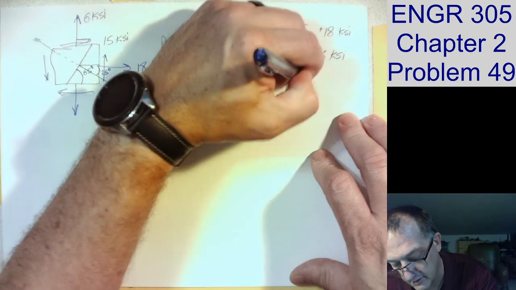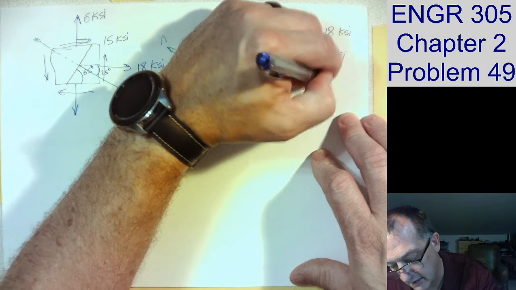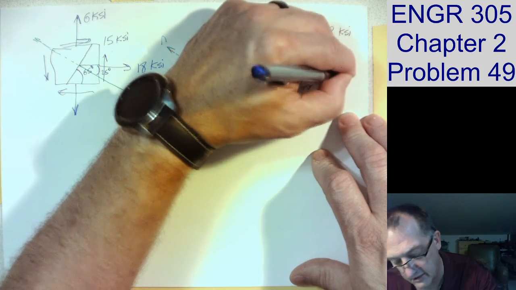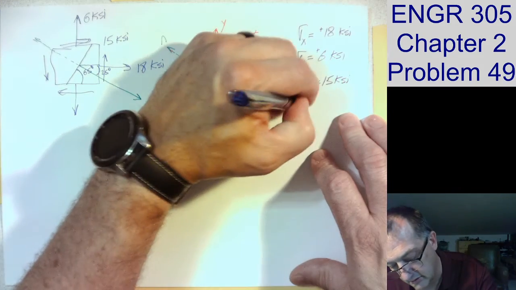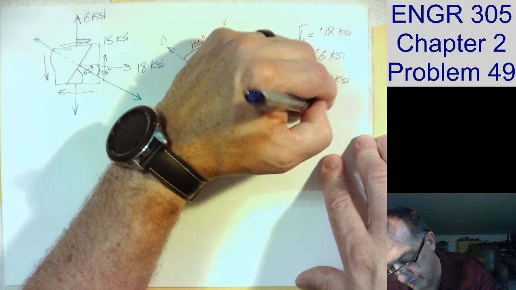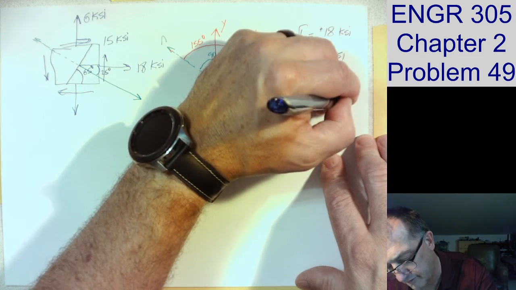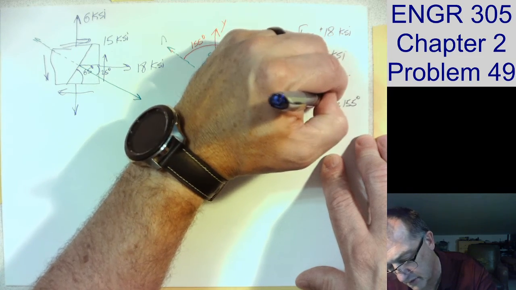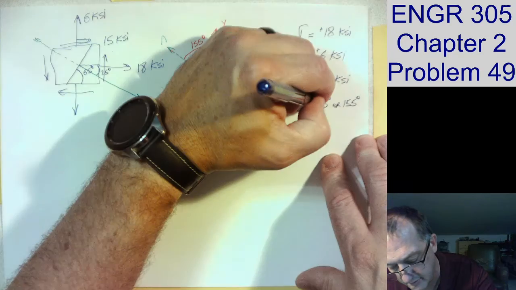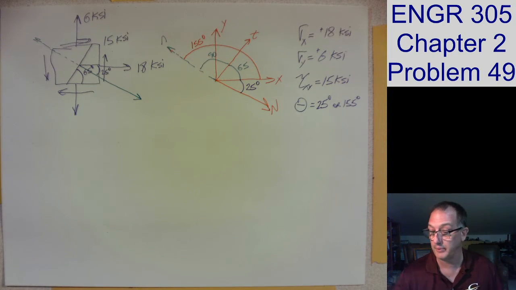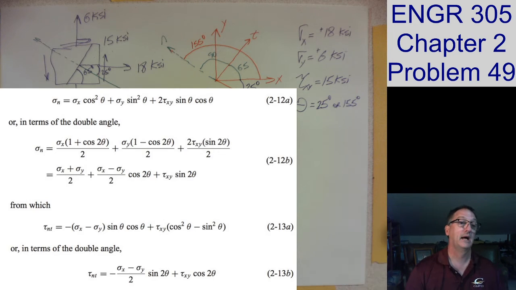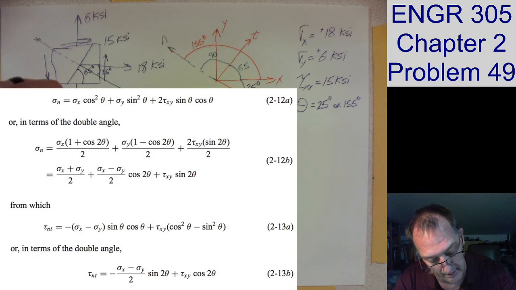My shear equals 15 KSI, also positive. And then my angle, 25 or 155 degrees. Either one. And now we're going to punch into those equations, which I hope they're starting to get kind of old. I'm going to write it down.